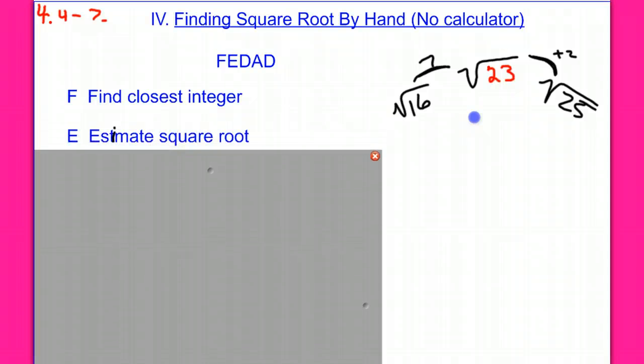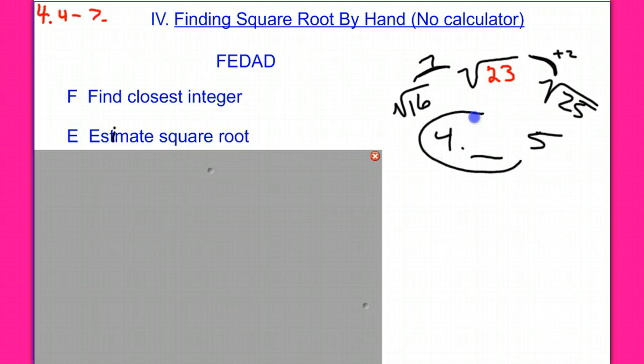So the next step is E, estimate the square root. So the square root of 16 is 4, and the square root of 25 is 5. So the square root of 23, the number we're after, is 4 point something, right? And so let's make an estimate to the 10th place, okay?